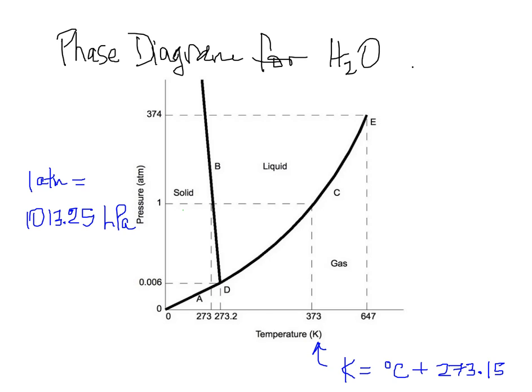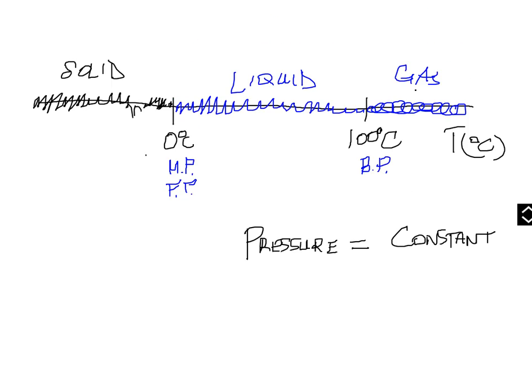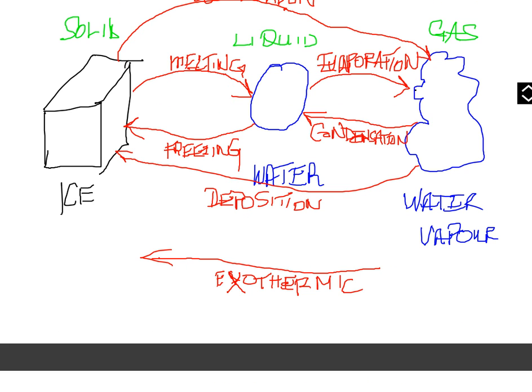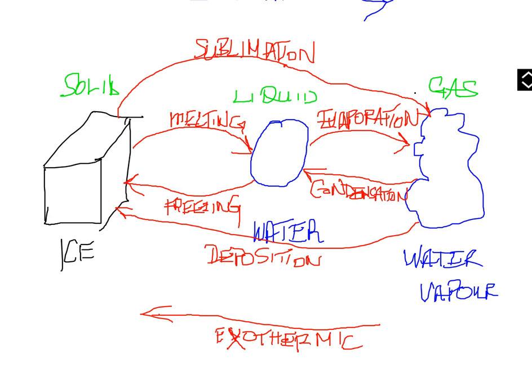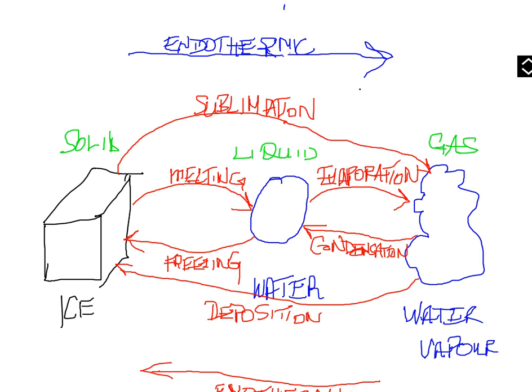What I tried to do here, again, just to quickly review, was I started off by discussing the various phases that H2O can assume. You can see that H2O can assume a solid, liquid, or gas phase. There are precisely 6 ways in which transformations between those phases can take place.